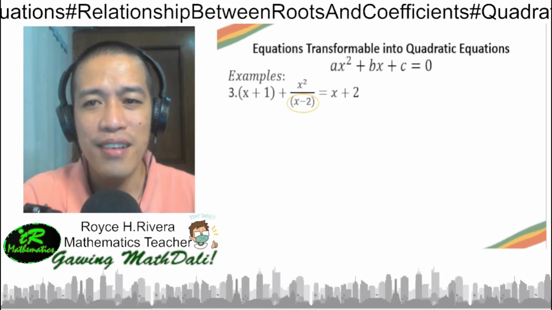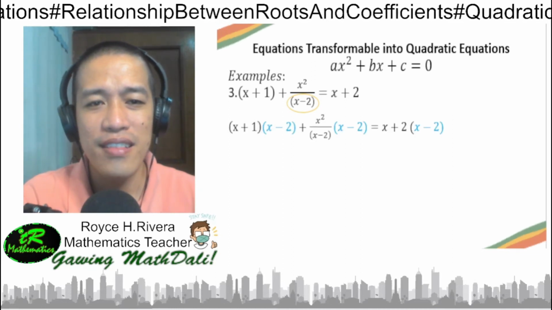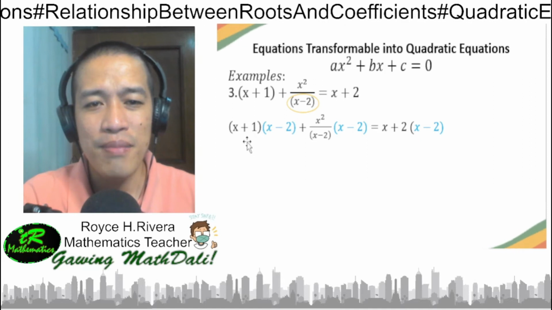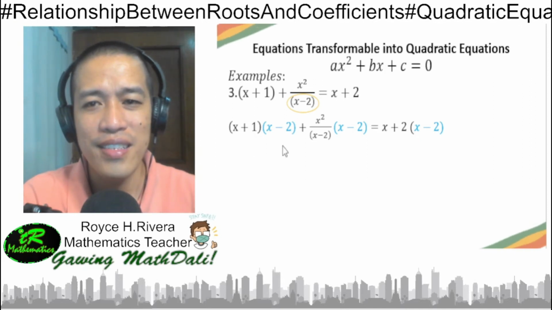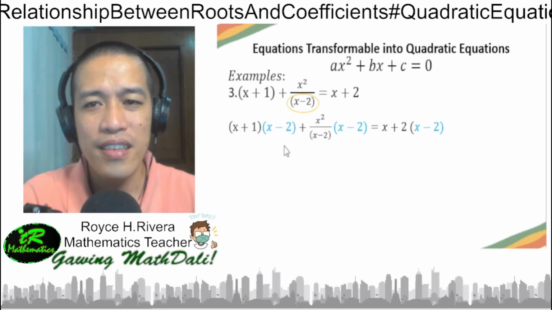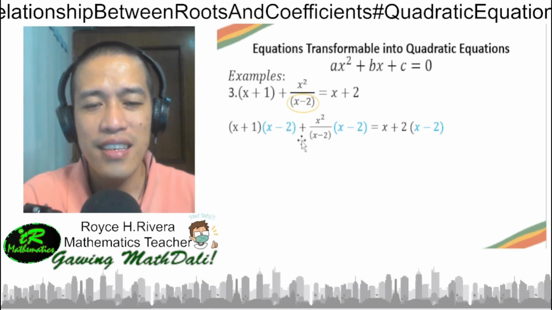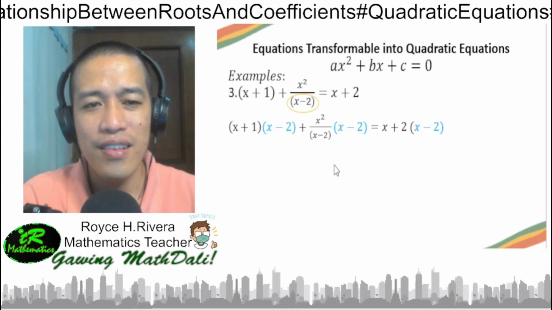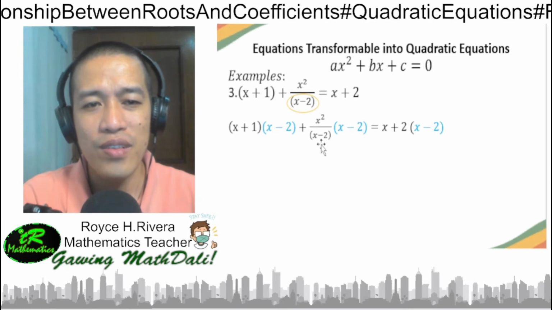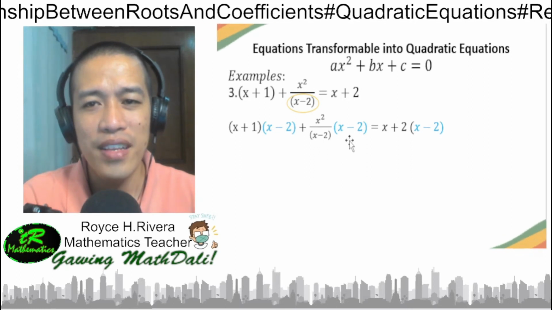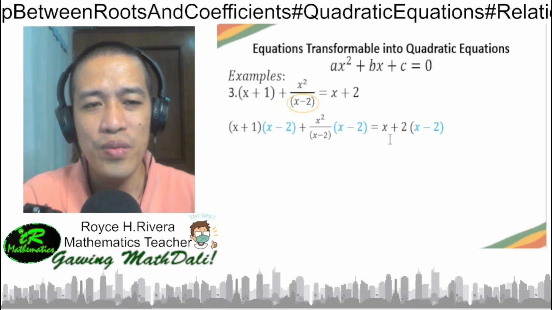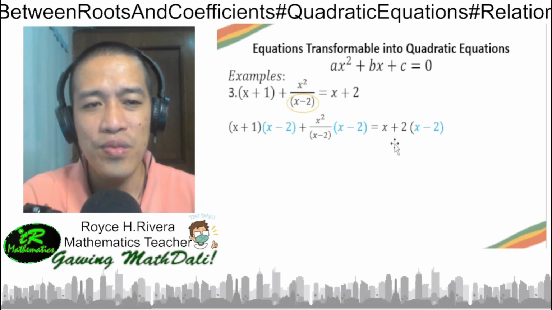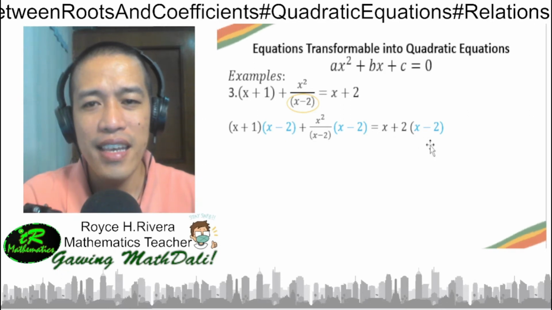So we will have the equation x plus 1 times the quantity x minus 2 plus x squared over x minus 2 times the quantity x minus 2 is equal to x plus 2 times x minus 2.